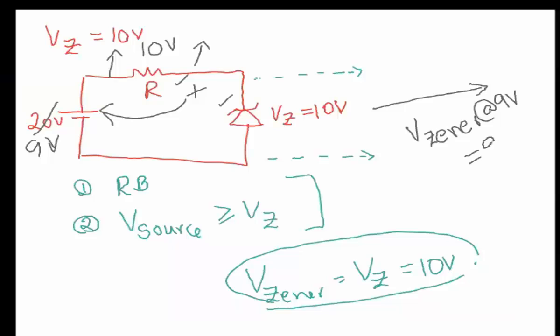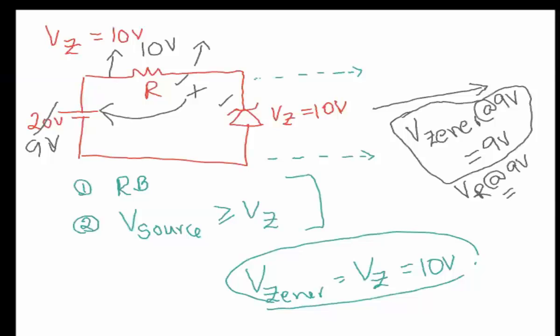On the Zener, you will see the same as the source, because you did not overcome the barrier voltage that it is designed for. Now the resistor will not have anything at 9 volts. The voltage on the resistor at 9 volts would be 0.